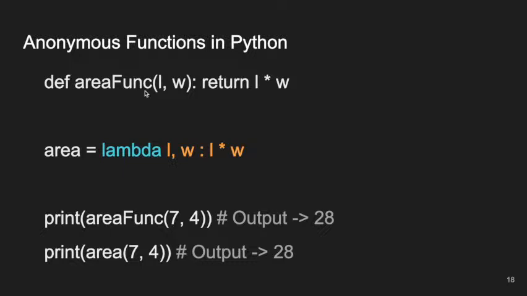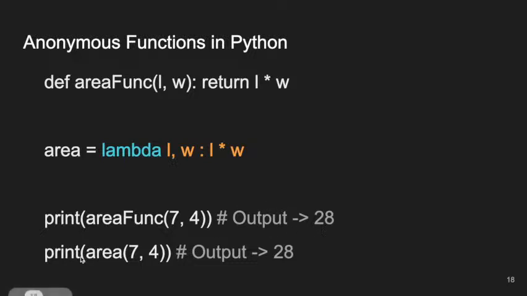Now when you call this function, you can call it this way: your function name, and then your values, you pass the length and then the width. That will give you 28 once it comes in here and does this multiplication and returns the value. So the return value is what we print here as 28.